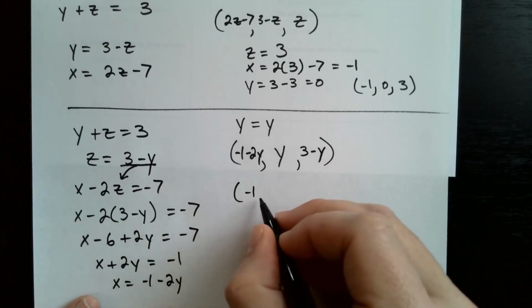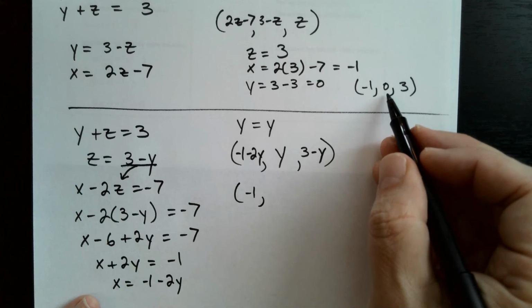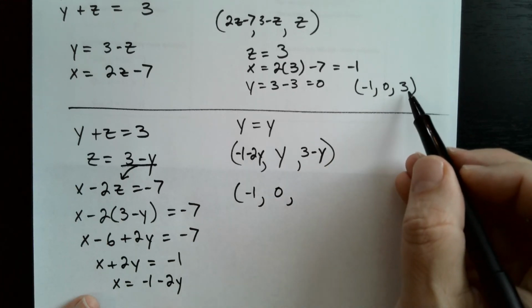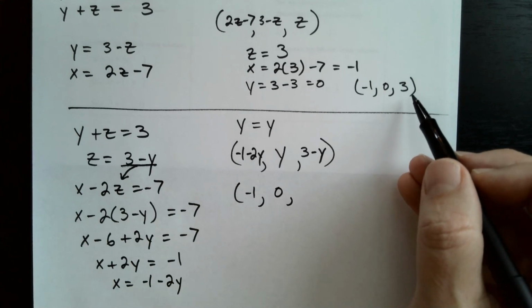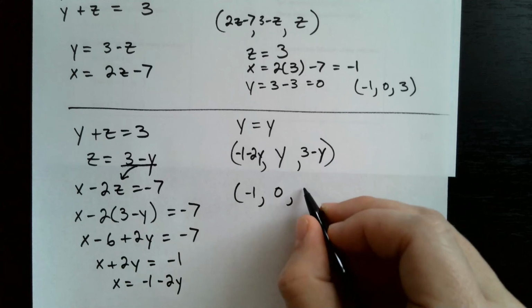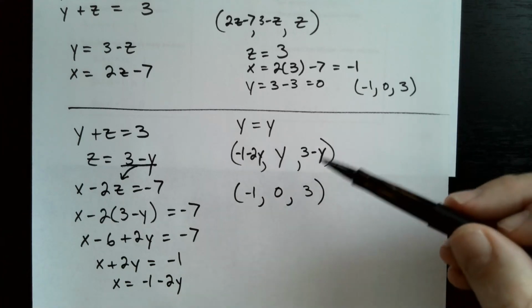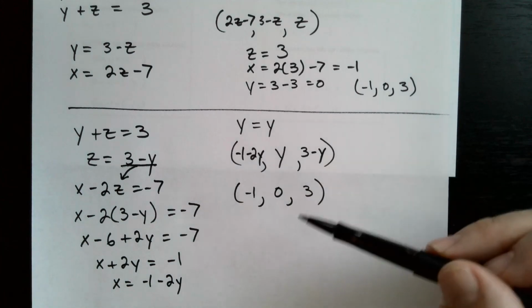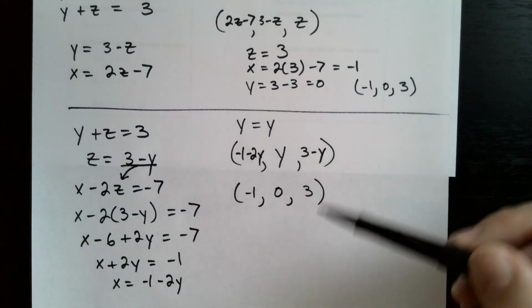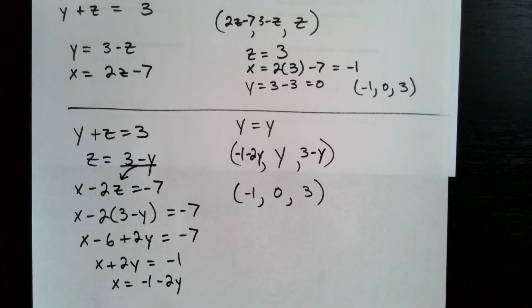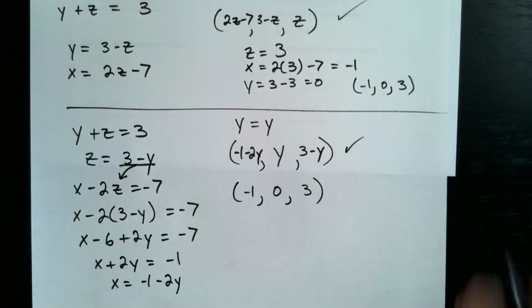We know that we're starting with y is equal to 0, so we know that one's right. So the last one, we plug in a 0 here, and we get 3 minus 0 gives us 3. So we used the y as a solution, but it still gave us the same x, y, and z. Okay, so either one of these are correct solutions.